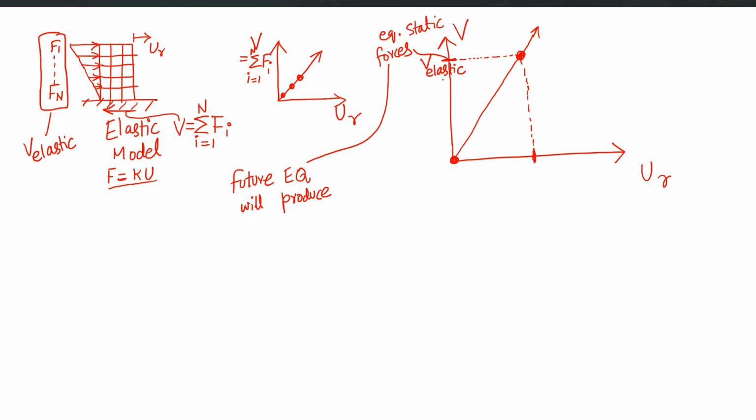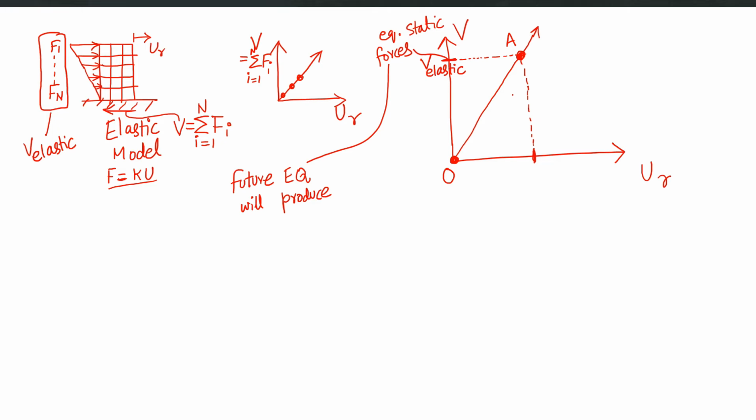So if we design on V elastic, which means we apply V elastic force to our model and calculate reinforcement based on that, we are actually asking our structure to follow a linear line from origin to this particular point A, right? Because the structure will have the capacity to resist V elastic because we design on V elastic. So our structure will follow that straight line OA, right?